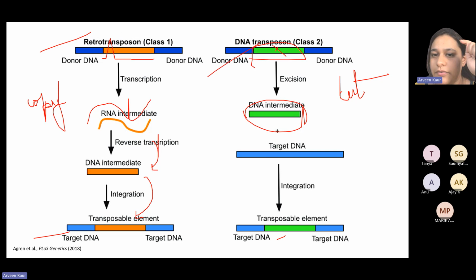First it was sitting over here, and now it is sitting over here, right? So these are two kinds of mechanisms if we broadly speak about transposons. Now there is a very huge subclassification of these retrotransposons and DNA transposons, into which we won't be getting in this particular lecture. But yeah.